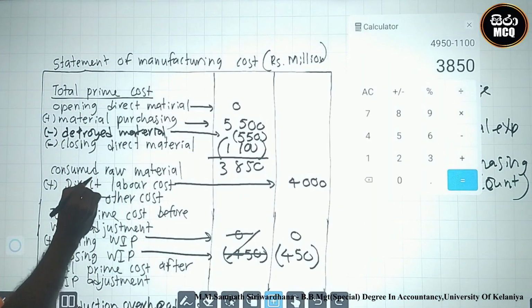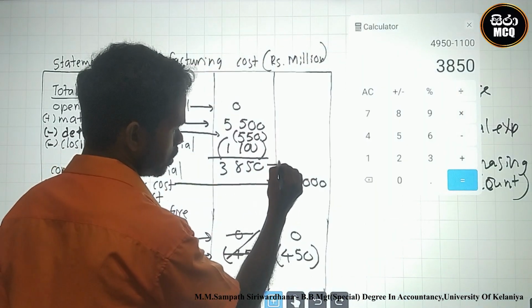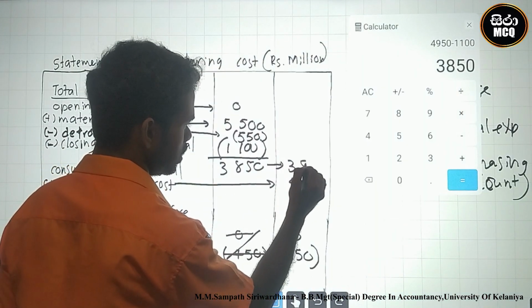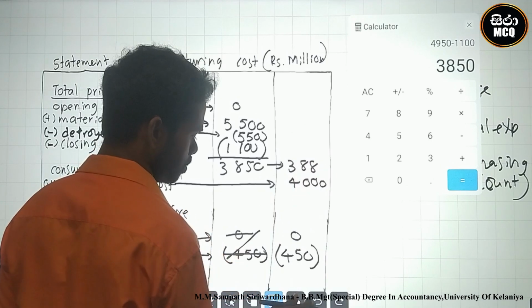This is the consumed raw material. We carry this 3,850.